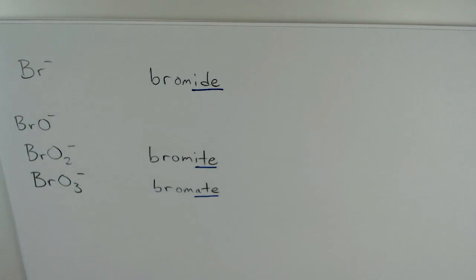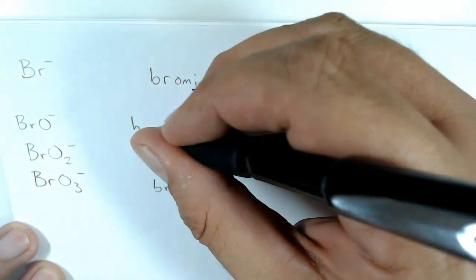So we're going to keep the ITE ending, but we're going to go ahead and add something else to it to denote that we have one less. It's hypobromite. Yep, we add hypo in front. So hypo means less oxygen, and then you're saying the per means more oxygens. So we have extra oxygens. So this is hypobromite.